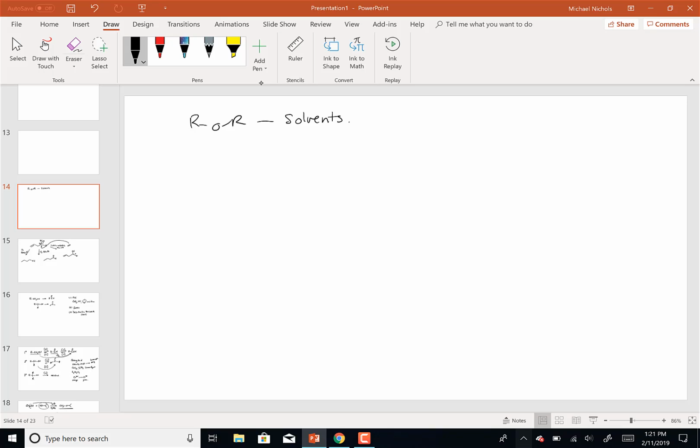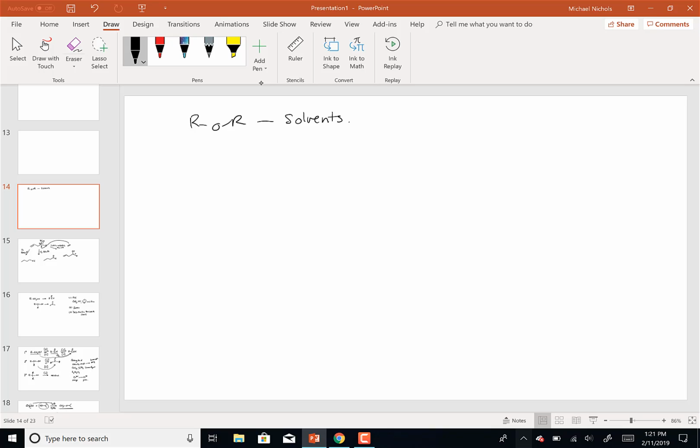Since there's no hydrogen bonding in ethers, they make great solvents with low boiling points, which means that they're easily rotary evaporated. They're not water soluble, so they make good extraction solvents. And that's primarily how we use ethers.